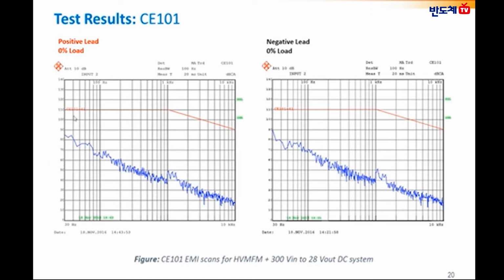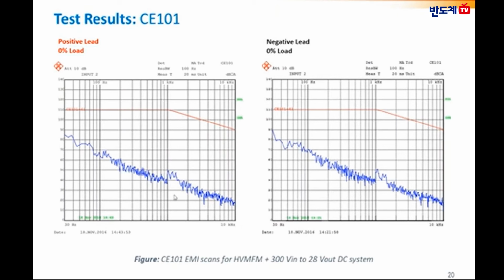Therefore, the system complies with the CE101 as per MIL standard 461E or F. Similarly, the tests have been carried out for 100% load on positive lead as well as negative lead, and the emission plots confirm that the system complies with the MIL standard 461E or F CE101.